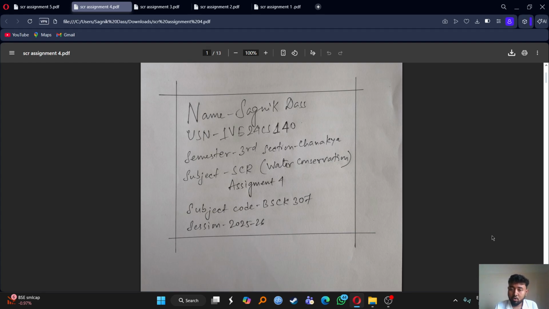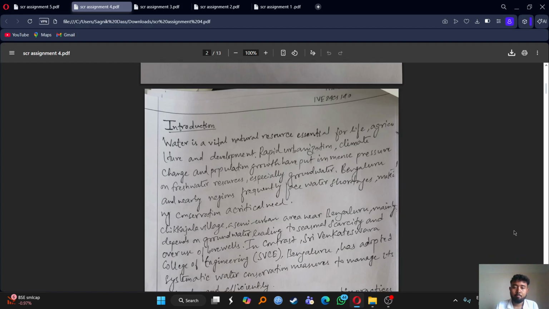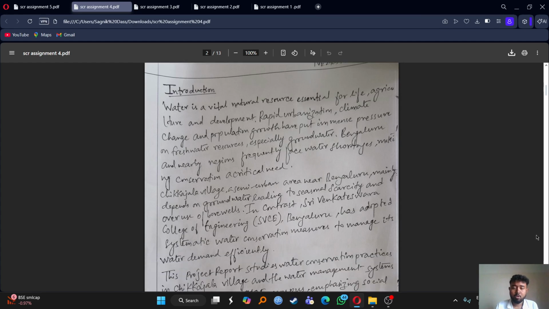It has been fully done in the SVC campus itself, since we already have one water conservation facility in our college. As a part of the introduction, we already know water is a vital natural resource, essential for life, agriculture and development.